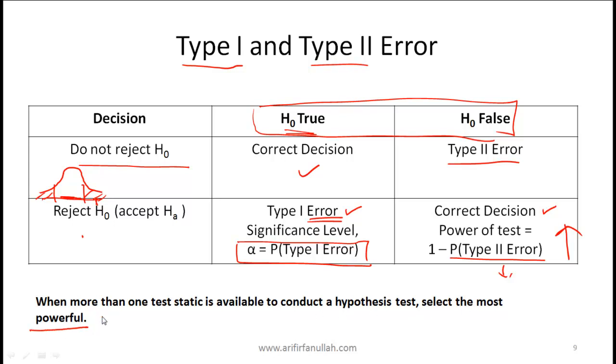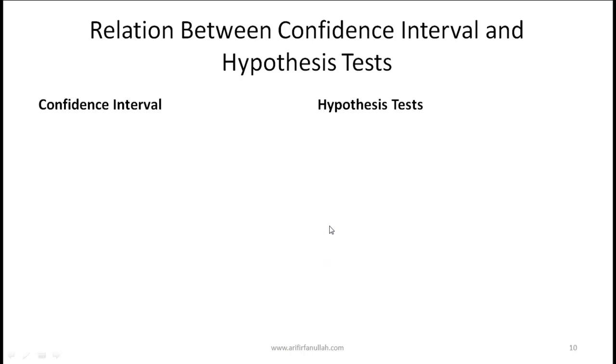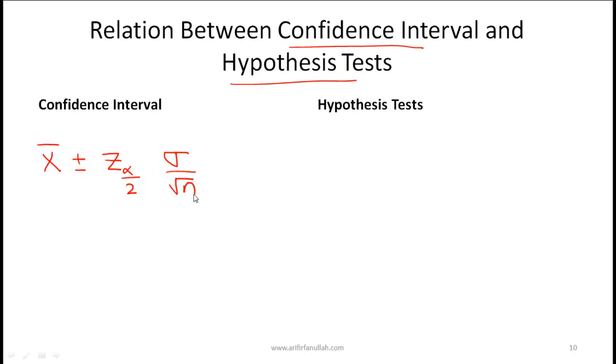Let's now look at the relationship between confidence interval from our last reading and hypothesis tests. If you recall, our confidence interval was a point estimate plus or minus a reliability factor, which was given by Z alpha over 2, multiplied by the standard error, which was sigma over root n.